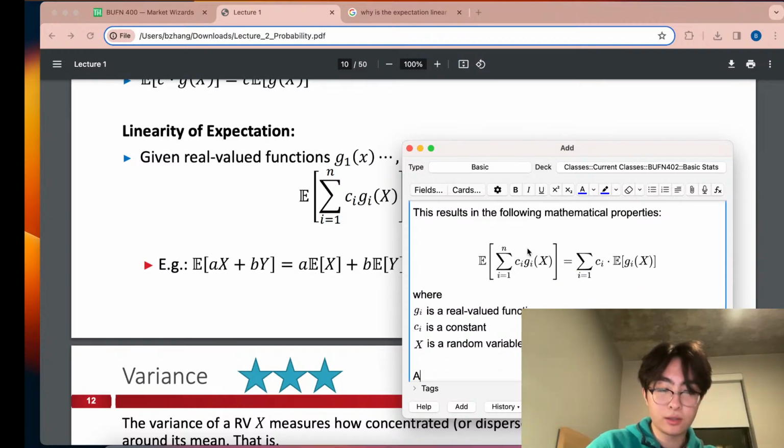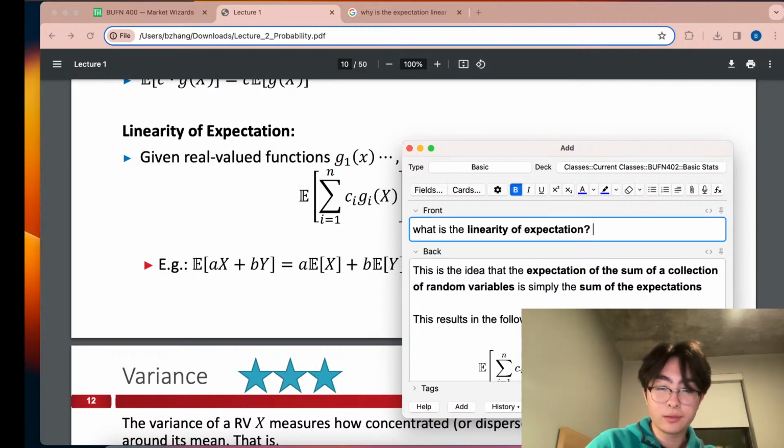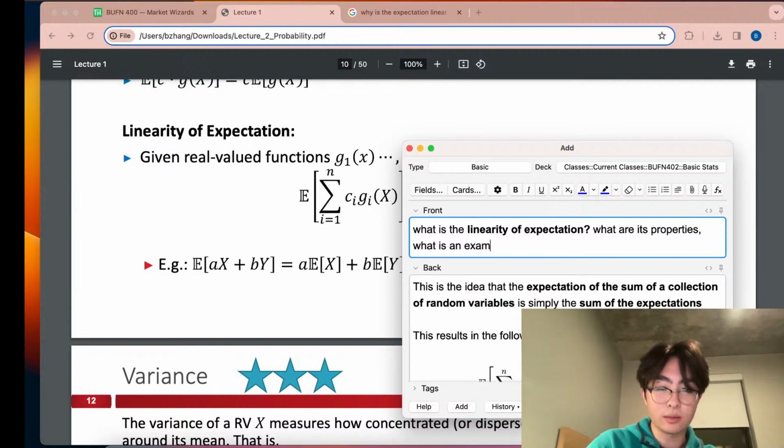So what are its properties? What is an example?